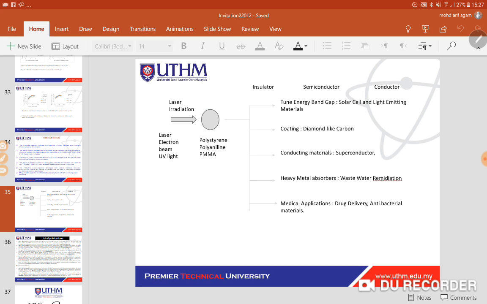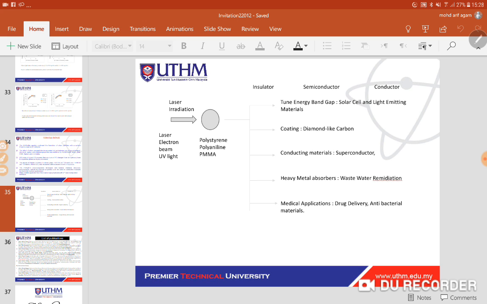And of course, we are also interested in other polymers like polyaniline and PMMA. I have about 8 PhD students. They are all working on polyaniline, PMMA and polystyrene doped with nanoparticles, and we laser irradiate them to look at how we are able to make them become insulator, semiconductor or conductor materials.